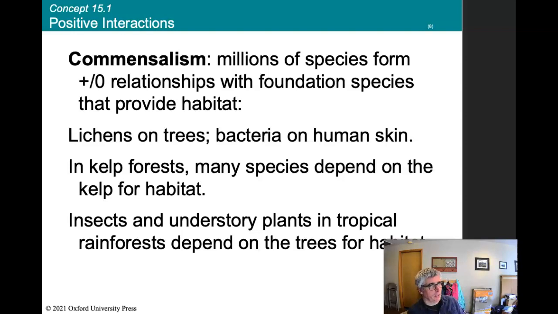They're benefiting from being in a kelp forest, but the kelp itself might not be benefiting. Same thing can be thought of in forest systems. Insects and understory plants depend on the overstory, the trees, whether here in a temperate region or in tropical areas, but perhaps there's no benefit to those trees themselves.